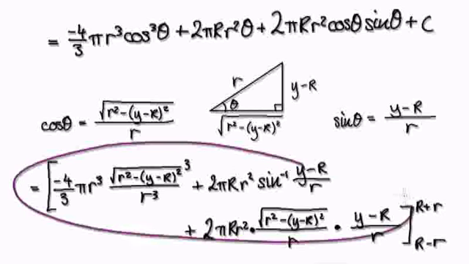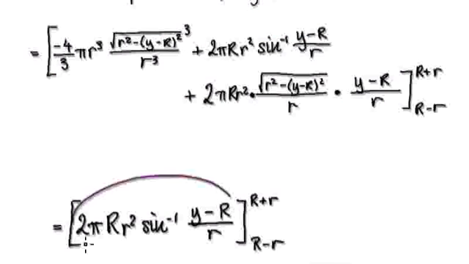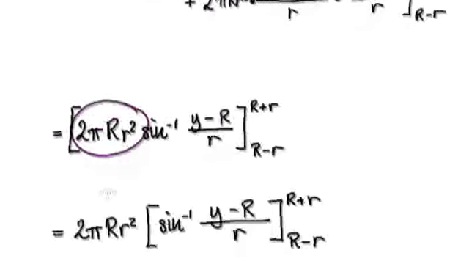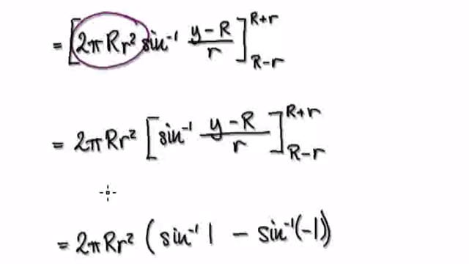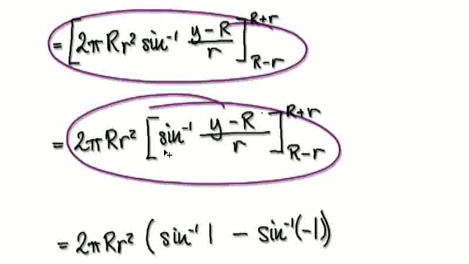So this whole thing here will then become this. So now we can factor this out. So this whole thing here, factor it out, it will then give us this.